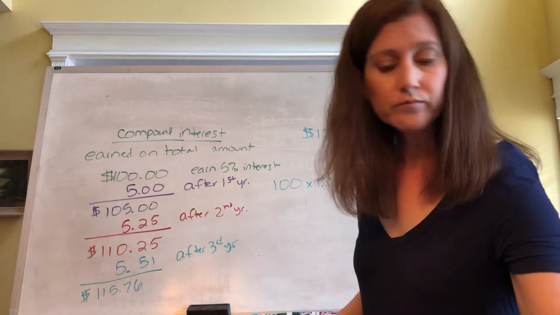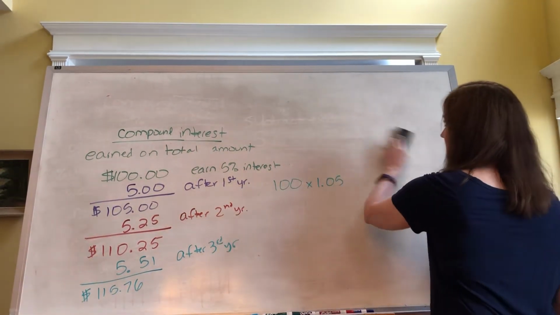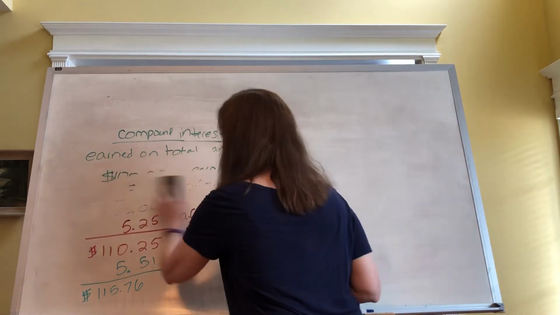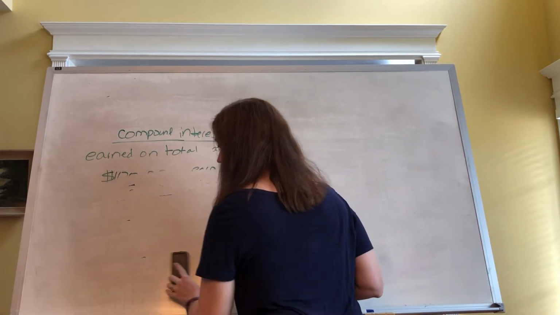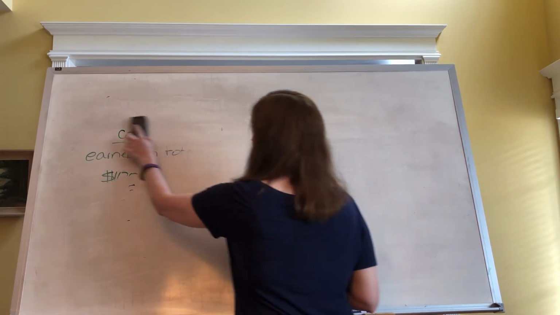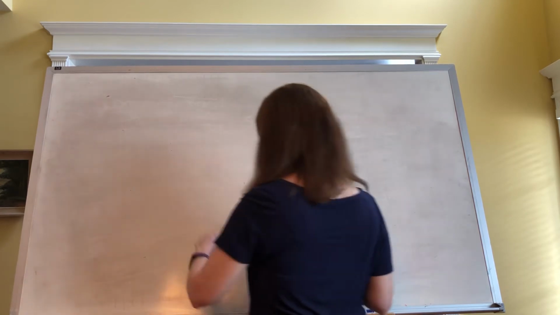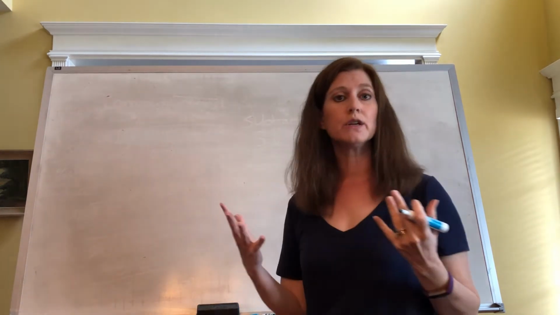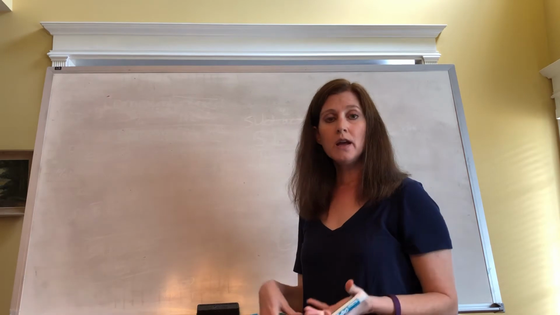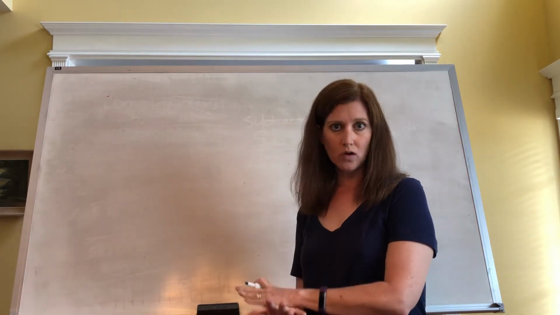The other part of this lesson is called successive discounts. That is when you have an amount, we're at the store, and there's an item that's already been on sale, and then now it's on clearance, and it'll say take an additional percent off.